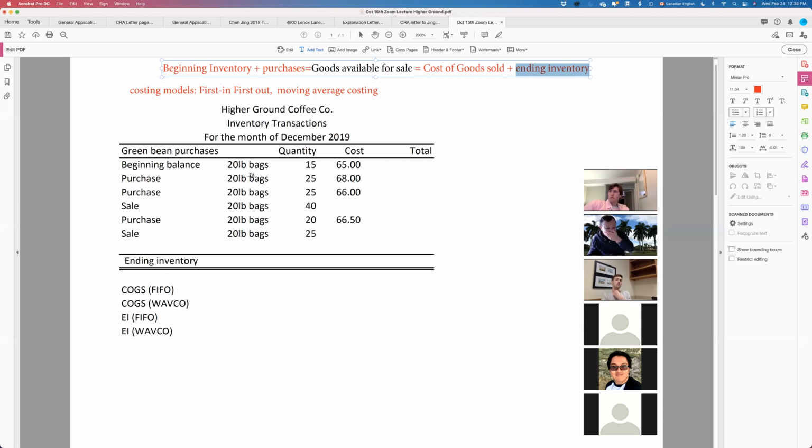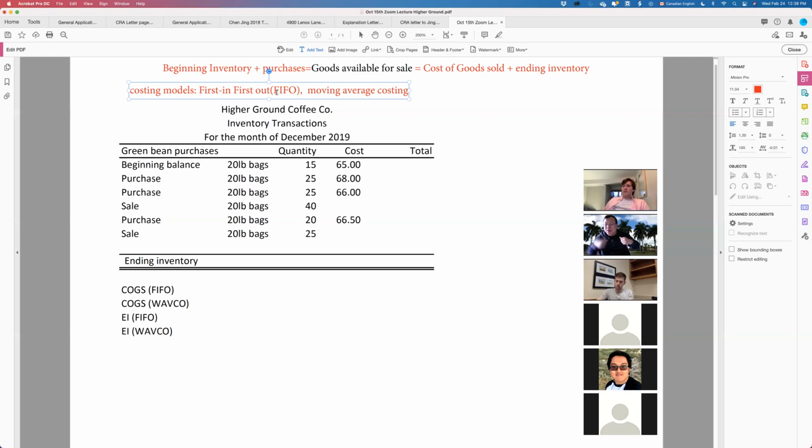Here, you can use either FIFO. FIFO is the abbreviation of first in, first out. They are trying to approximate the physical flow of the inventory. They are saying, I assume my products will go first out if they go first in.